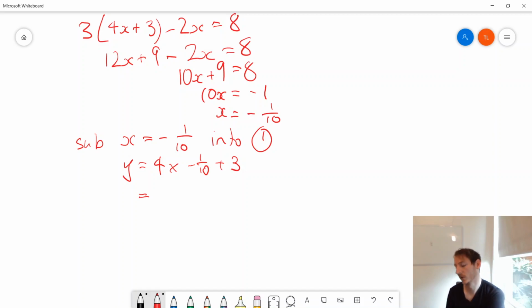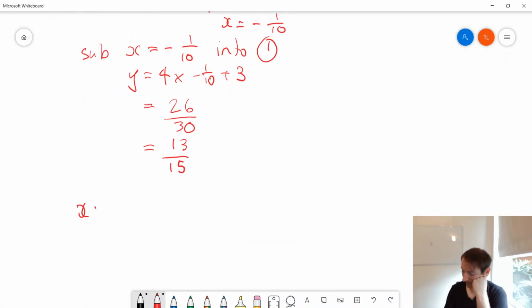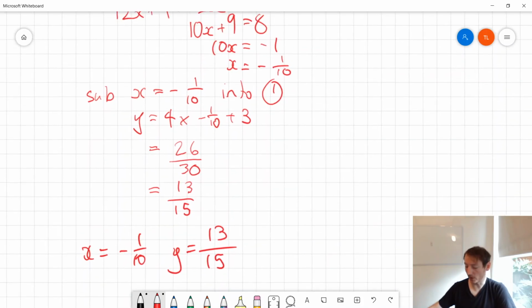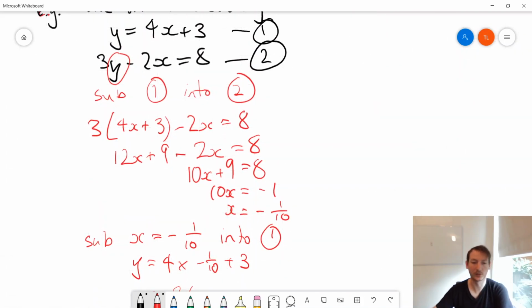What's that become when we're doing over 10? 30 over 10, taking away 4 of them, so 26 over 10, which is the same as 13 over 5. There we go. x equals negative 1/10. y equals 13 over 15. Alright, that is the only point, only solution where these two are true at the same time.